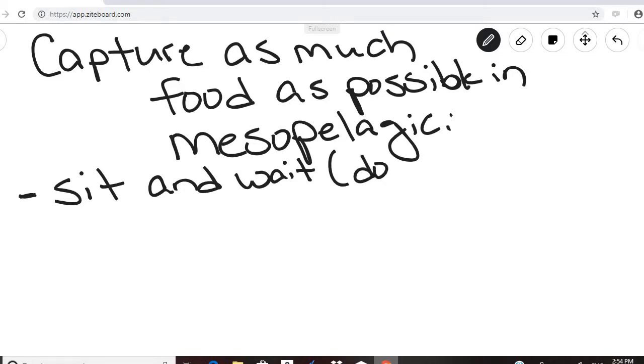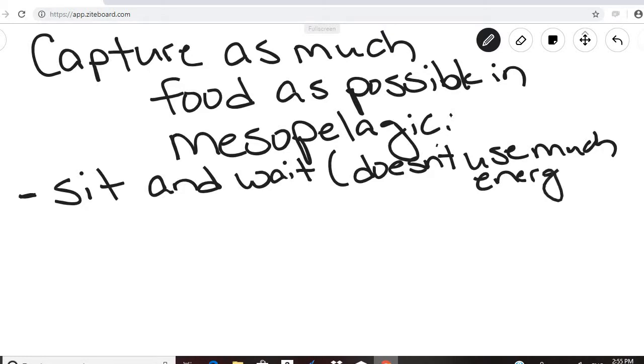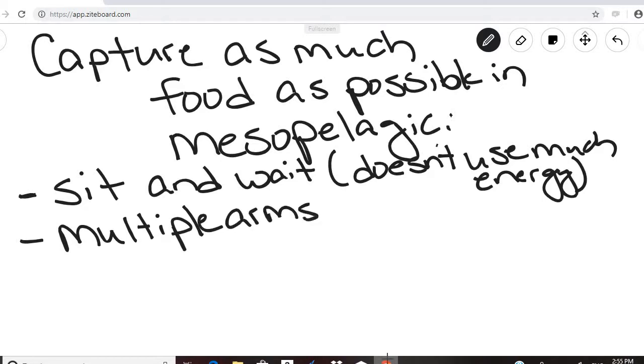If you're just sitting and waiting for stuff to come to you, it doesn't use a lot of energy, and so that's a beneficial thing about just sitting and waiting. Some of them will have multiple arms. If you have multiple arms that you can use to capture food, that's going to be a benefit.